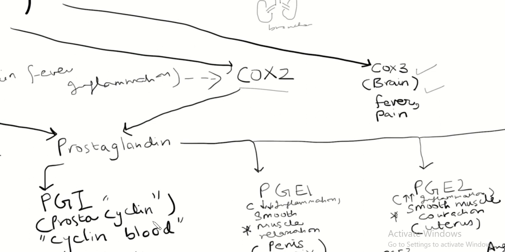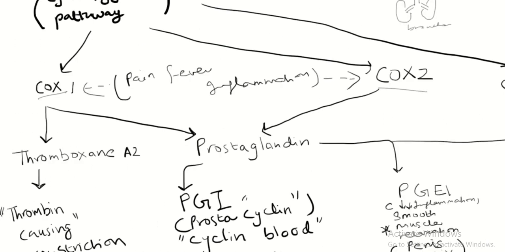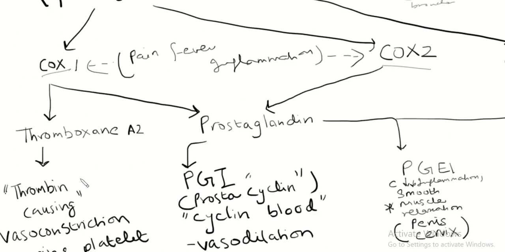Let's talk a little bit about COX-1 and COX-2. Remember, you have the arachidonic acid, which then goes into the cyclooxygenase pathway, and there are two different areas of the pathway. One is the COX-1 pathway, one is the COX-2 pathway.